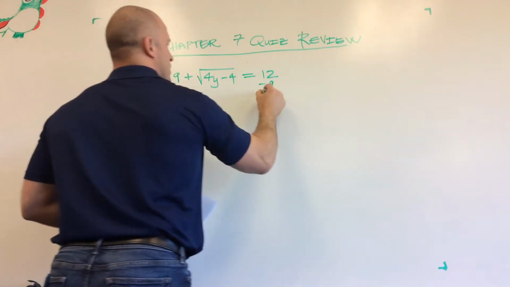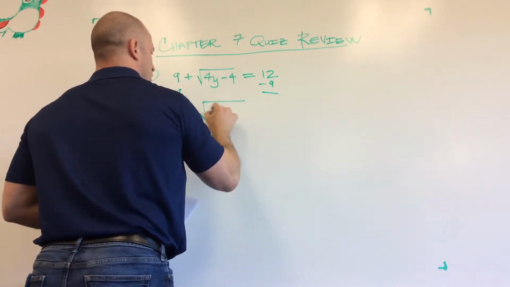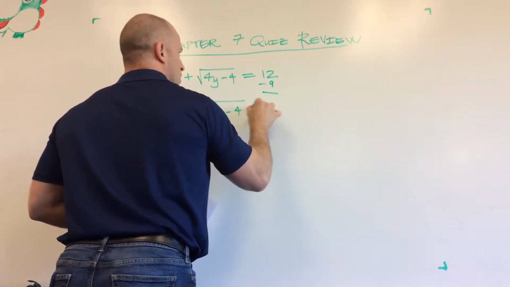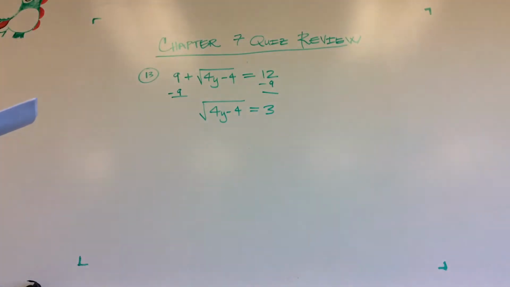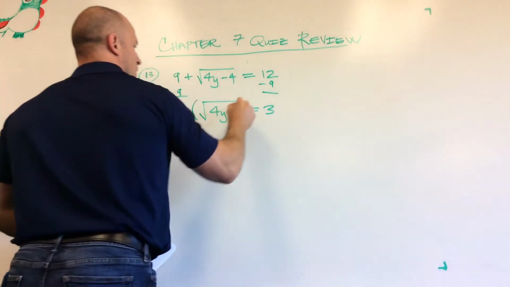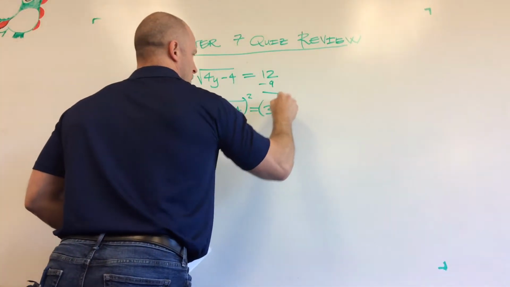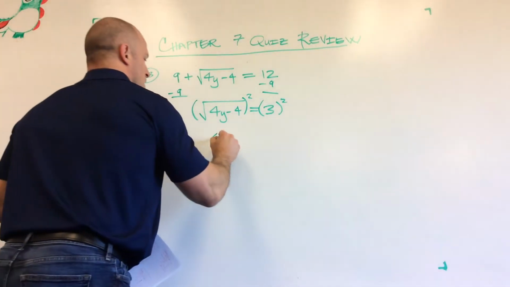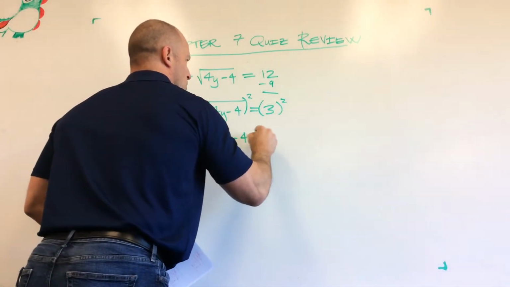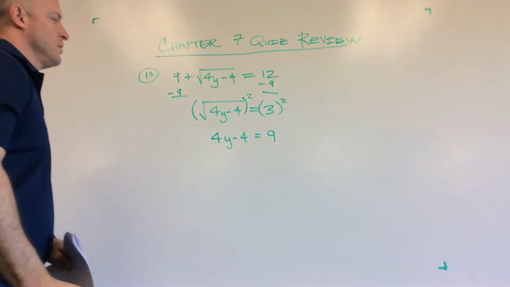Subtract 9 from both sides. End up with the radical 4y minus 4 equals 3. There, we can square both sides to eliminate the radical on the left-hand side. We'll get 4y minus 4 equals 9.